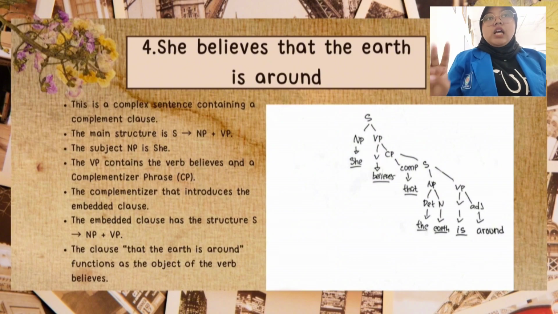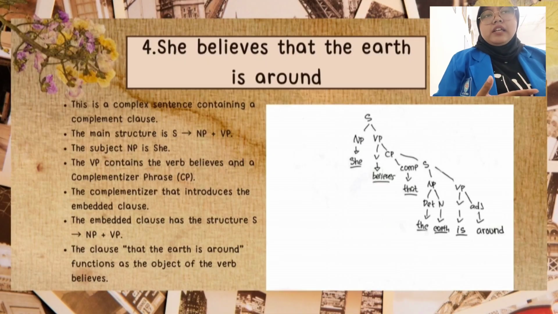Fourth: she believes that the earth is round. This sentence is a complex sentence containing a complement clause. The main structure is subject noun phrase, verb phrase, where the subject is she. The verb phrase contains the verb believes followed by a complementizer phrase.